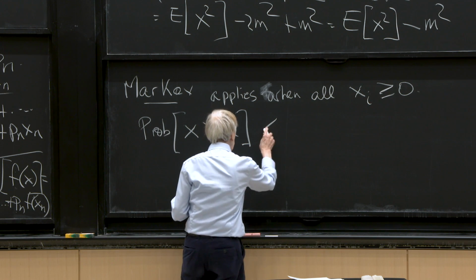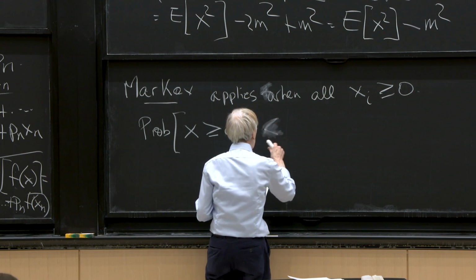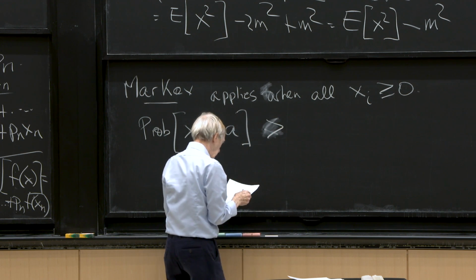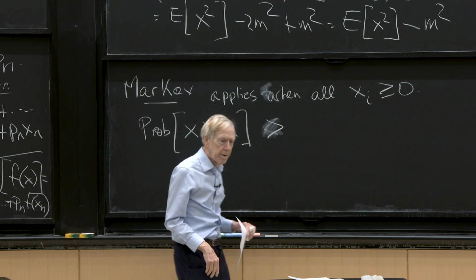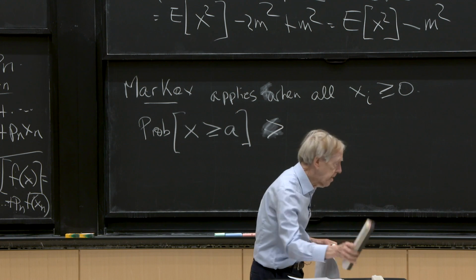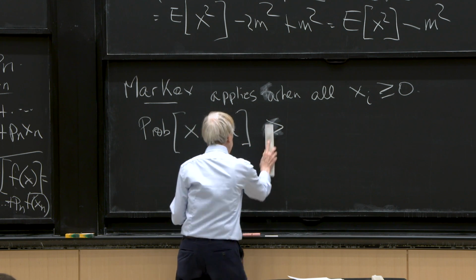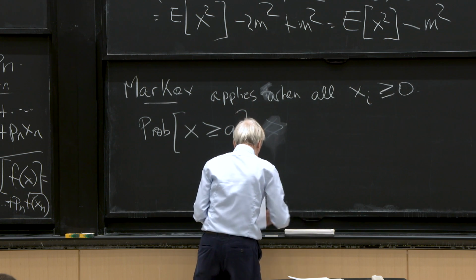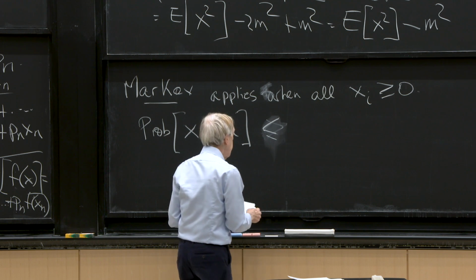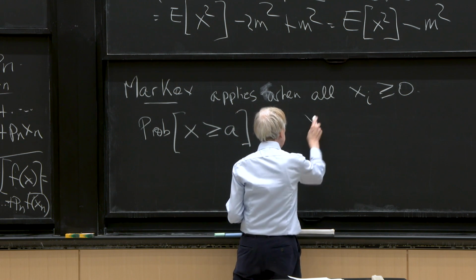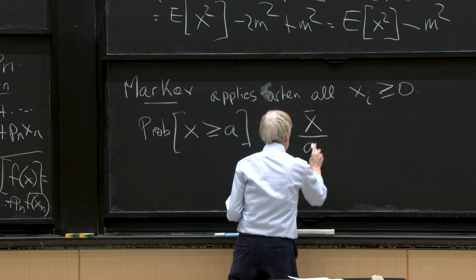He says the probability of that is at most, sorry, less or equal to the mean, X bar is another way to write the mean, divided by a.